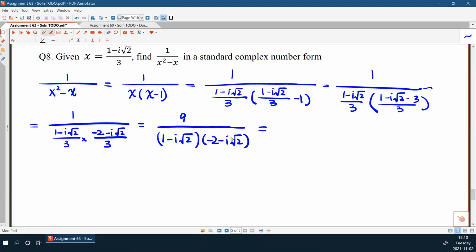Then we can expand the denominator, right? Which will give us minus 2, then minus I times square root of 2, and then plus 2I times square root of 2, and then plus I square times 2, right? Okay, so let's simplify the denominator now.